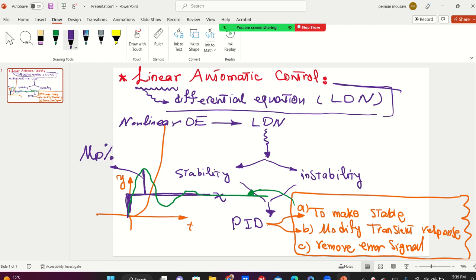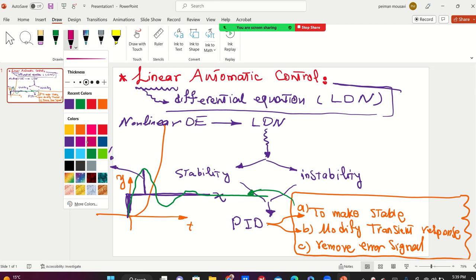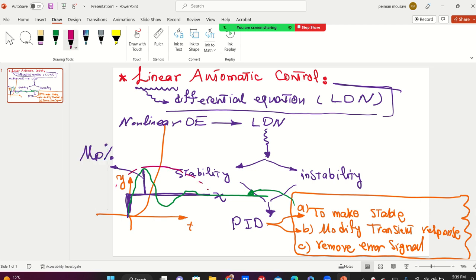This part is the transient response, and here we name it steady state because it settles down. As a control engineer, like with your car suspension system, you want to reduce the overshoot of the system. So this is your B, modifying the transient response of the system. Clear?